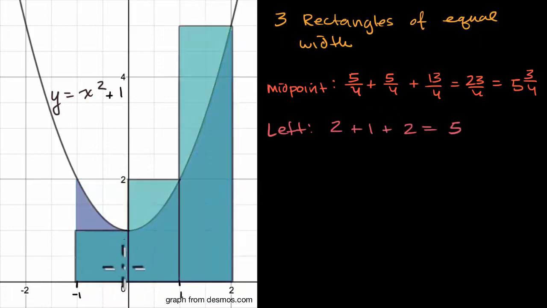So this first rectangle here, clearly under approximating the area over this first interval, its right endpoint is 0. 0 squared plus 1 is 1. So height of 1, width of 1, has an area of 1. Second rectangle here, we look at our right endpoint, 1 squared plus 1 is 2, times our width of 1, well, that's just going to give us 2.